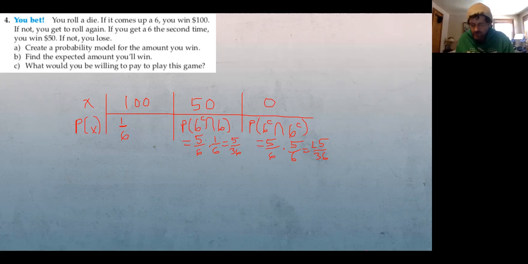The expected value is, go ahead, write that. $23.61.